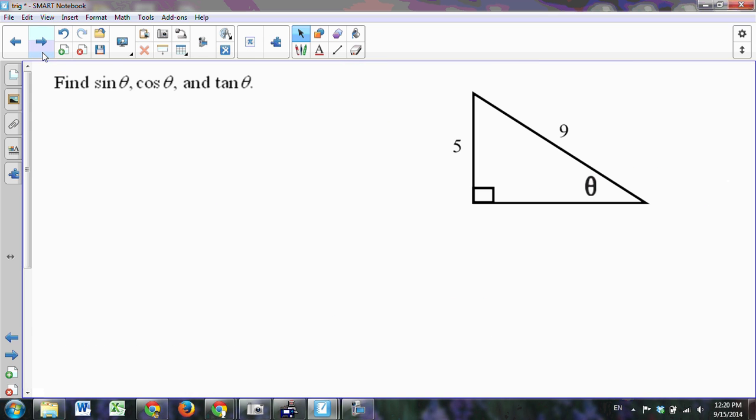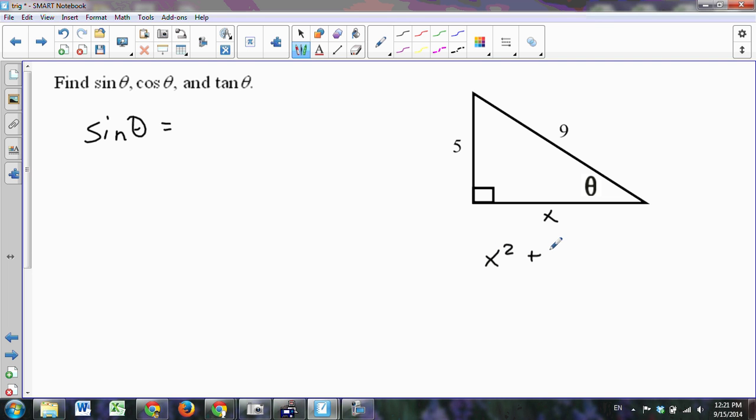Alright, now. As an example, let's find the sine, the cosine, and the tangent of this angle theta right here. First of all, we're going to need to find out what the length of this side right here is. How are we going to do that? We're going to use the Pythagorean theorem. X squared plus 5 squared equals 9 squared. I'm going to leave a lot of the math to you guys.